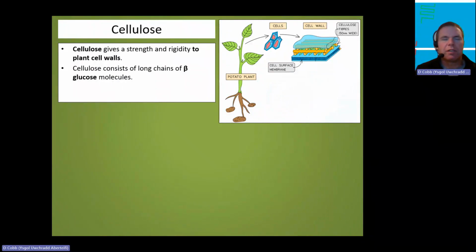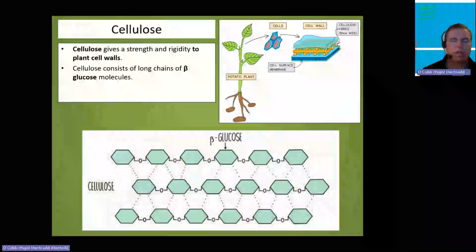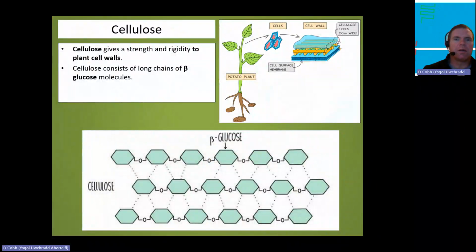The first difference between storage polysaccharides and structural polysaccharides is that structural polysaccharides contain beta glucose. So we've still got a long chain of monosaccharides, but in this case, it's beta glucose. You can see there multiple beta glucose units joined together in one long chain.